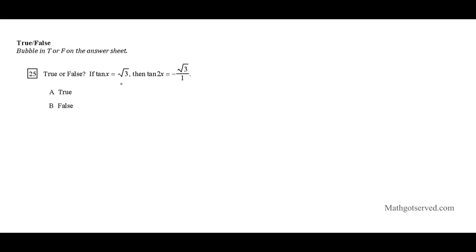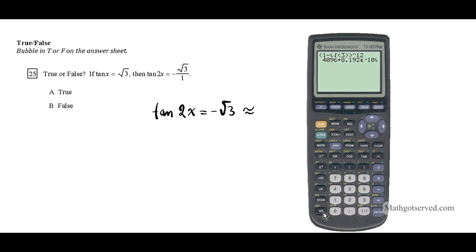It says true or false: if tan x is root 3, then tan 2x is negative root 3 over 2. So I'm going to show you how to do this using a calculator. So first of all, let's see what this value is. What's tan 2x? Tan 2x is equal to negative root 3. What is the approximate value of negative root 3? Let's plug that into our calculators and see what we get.